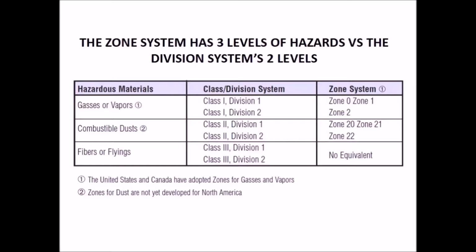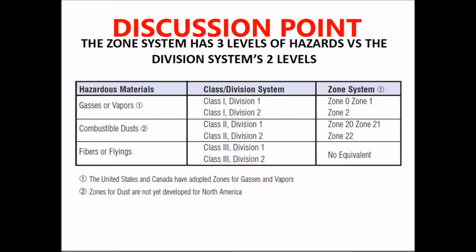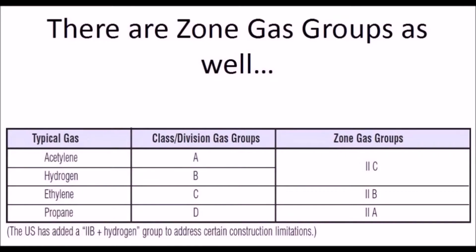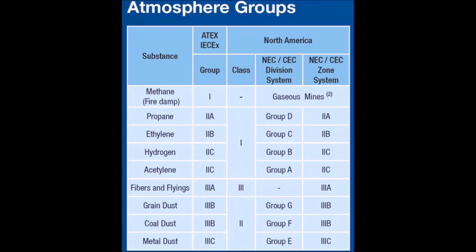Combustible dust falls under Zones 20, 21, and 22. There are zone gas groups as well, followed by a more complete listing of atmospheric groups. This chart is divided into substance, ATEX, IECEx, and North America. Incidentally, ATEX is atmosphères explosibles.